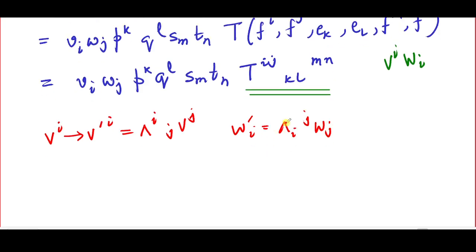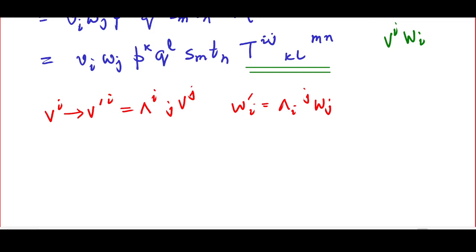Now the transformation rule for T, which has 6 indices here in our example, will be T prime i j k l m n equals, and now I will have several dummy indices to worry about. In fact, one dummy index for each of these free indices on this side, and rather than worry about running into the same index twice by accident, I will choose the dummy indices from a different part of the alphabet.